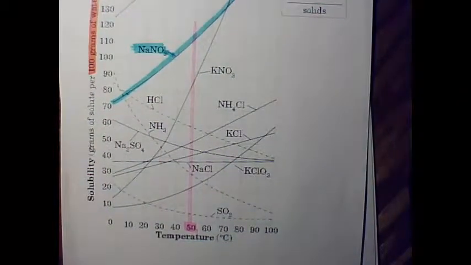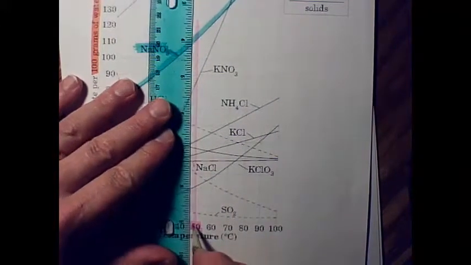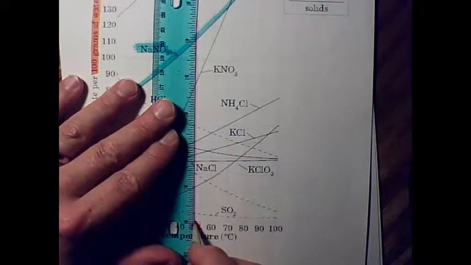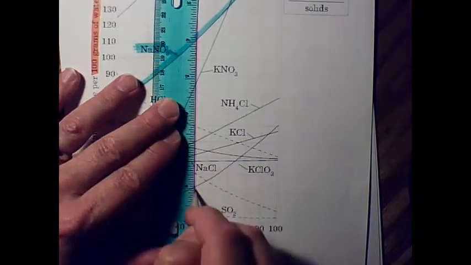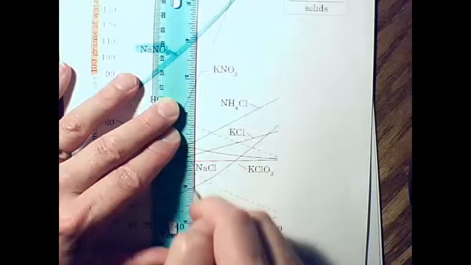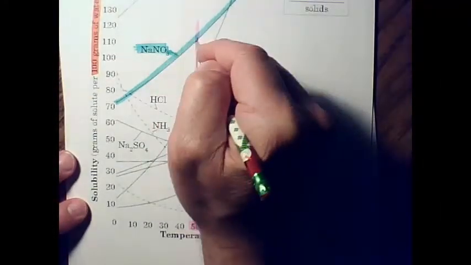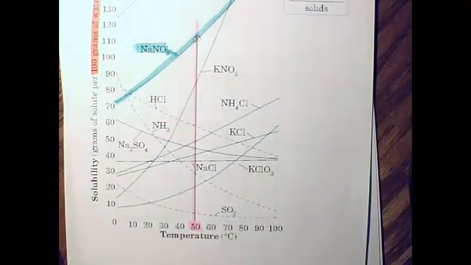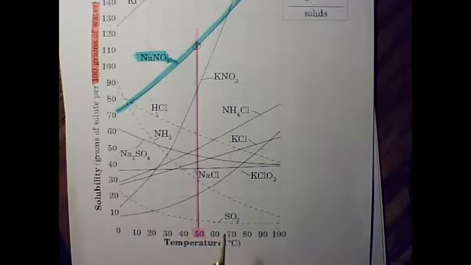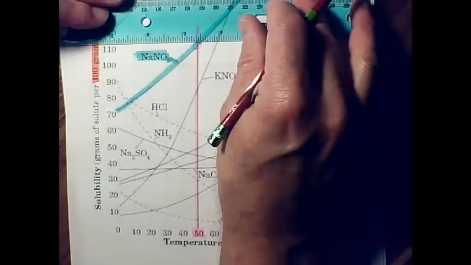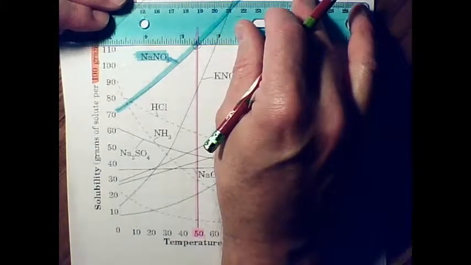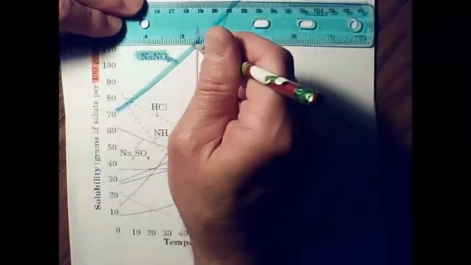Okay? So, at 50 degrees C, that's the maximum amount of solute, or in this case, sodium nitrate, that we can dissolve in 100 grams of water. And so we just take and find that intersection point right there, and find out where it intersects over here on the vertical axis.